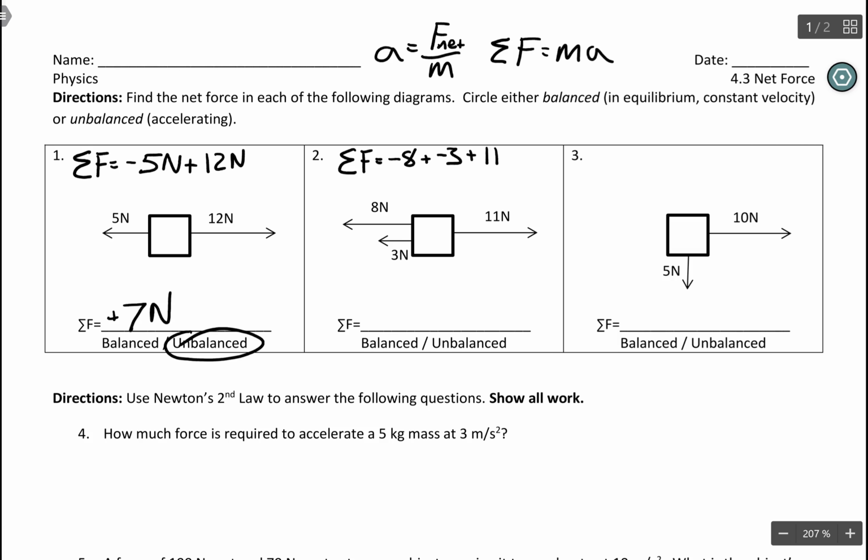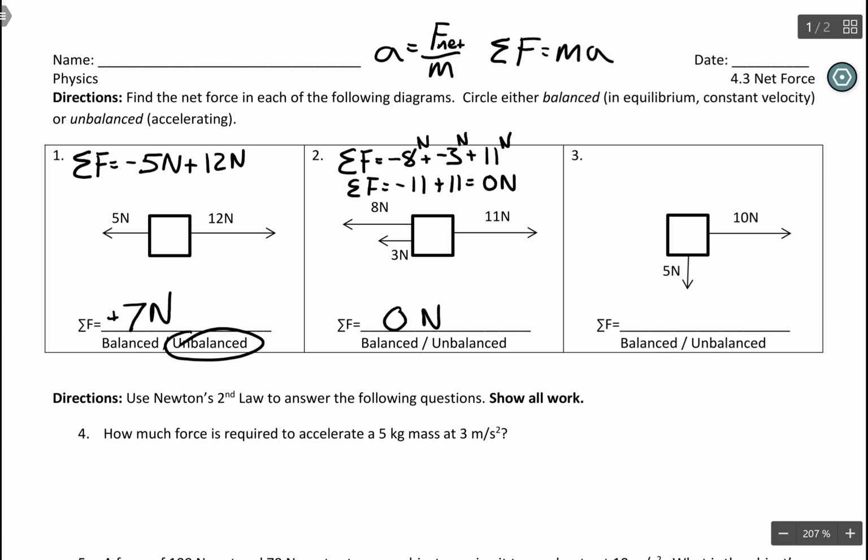I gotta take off points because I didn't write in newtons. Very important. Okay, so negative 8 plus negative 3 gives you a negative 11 plus 11. Oh, wow. Negative 11 plus 11, that's 0 newtons. So this is 0 newtons.